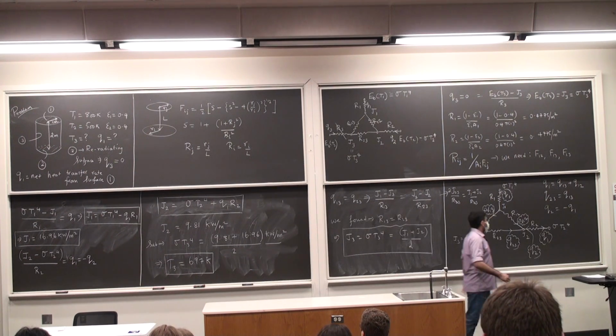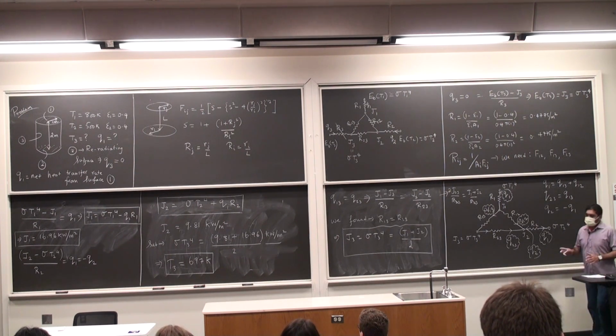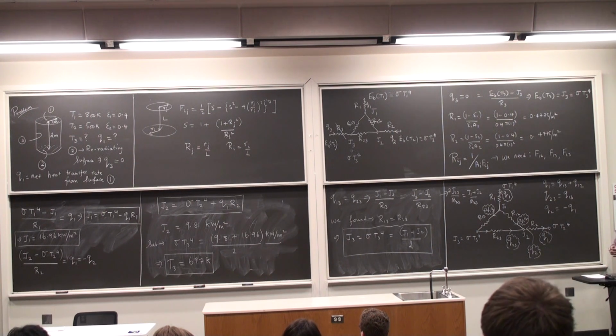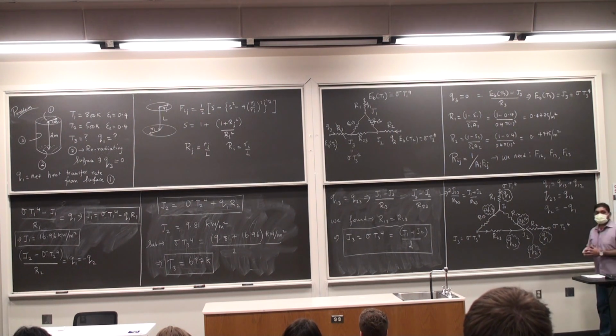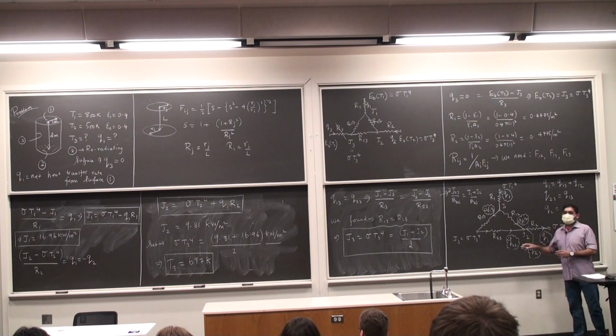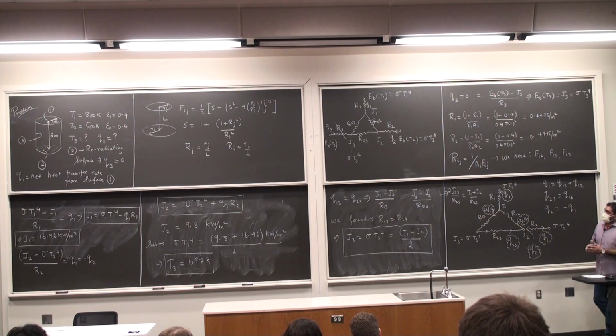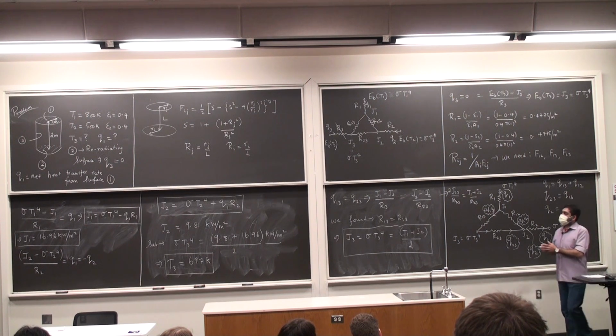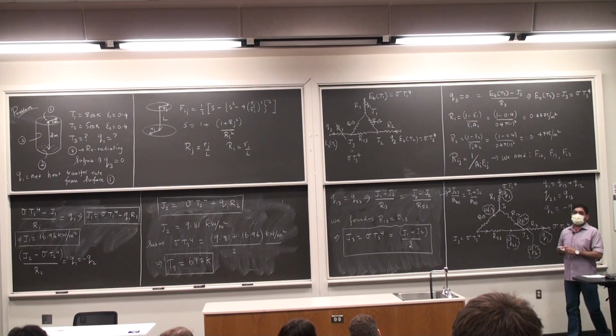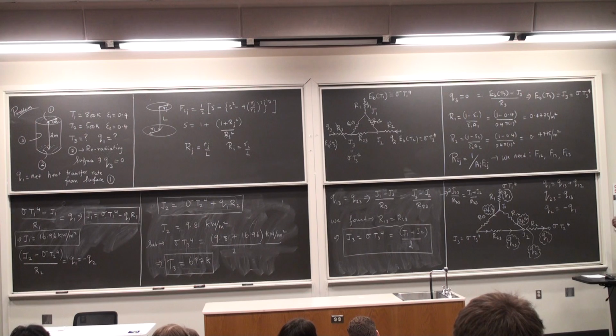Alright, so we have completed this problem in its entirety, including all the steps. I want to see if there are any questions on how we accomplish this problem. As always with any radiative resistance problem, you start off by looking at information given, you draw the resistance network. Some of the nodes might cancel off, some of the resistances might cancel off.